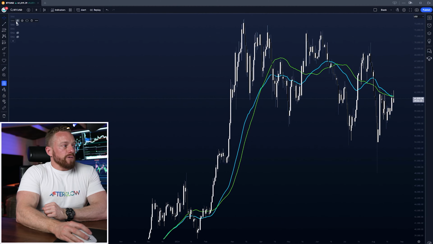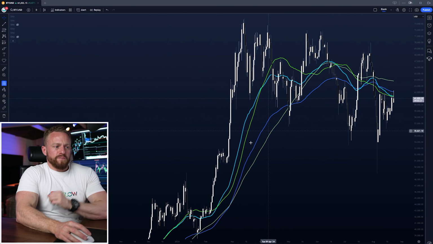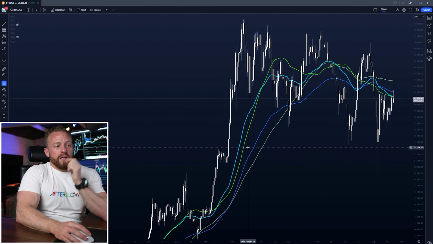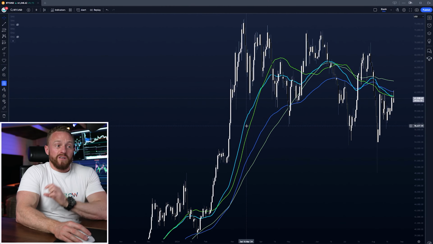Now I'm going to add on the SMA 100 line in darker green and the EMA 100 line in darker blue. So if you compare these, you can see the 50 line we looked at earlier, the gap between the two, the difference is not really very much.